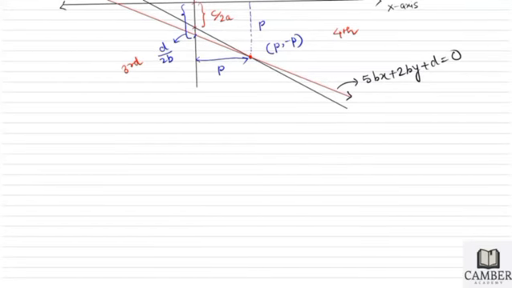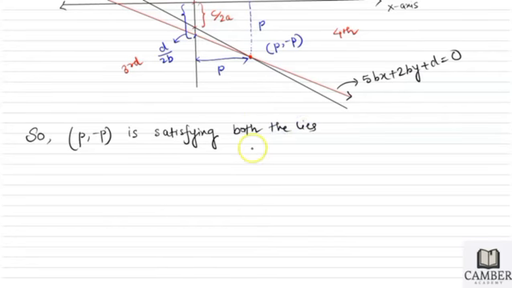So p comma minus p is satisfying both the lines, therefore 4ax plus 2ay plus c is equal to 0 implies, we can write it like this: 4a, in place of x I'll write p, in place of y I'll put minus p.